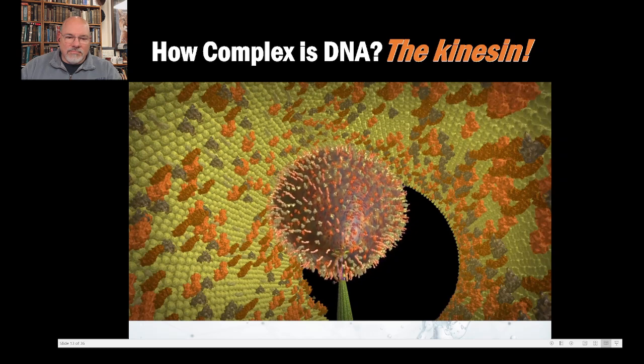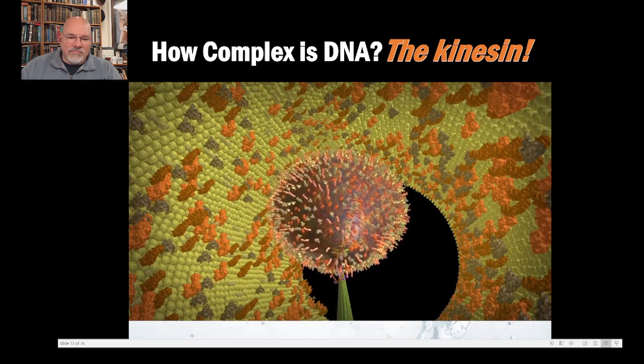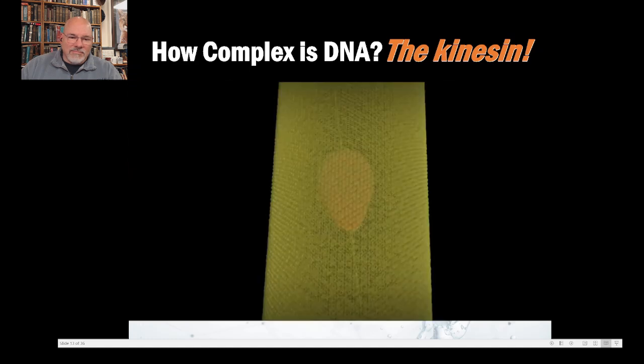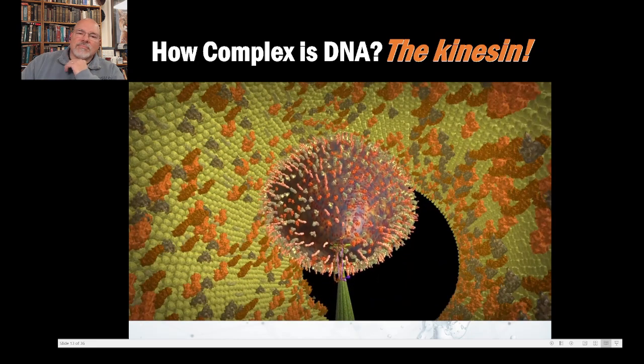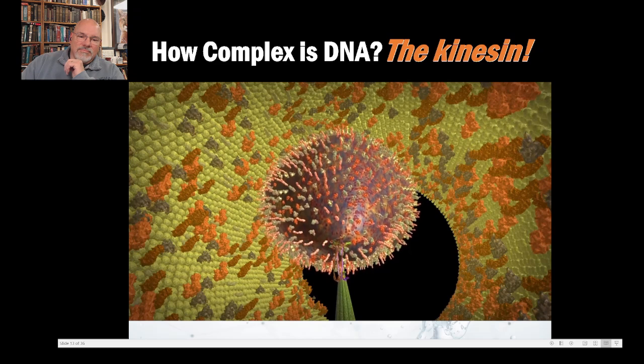When not carrying cargo, kinesins can shift to energy-saving mode to conserve fuel until their next job. The kinesin plays a vital role in many cellular processes, not just transporting materials, but also aiding cell replication. The walking kinesin molecular machine, another example of intelligent design.